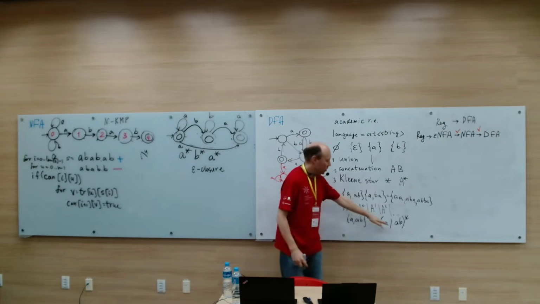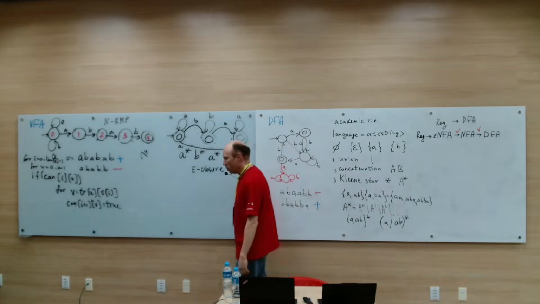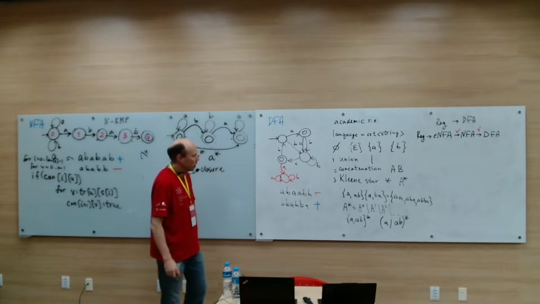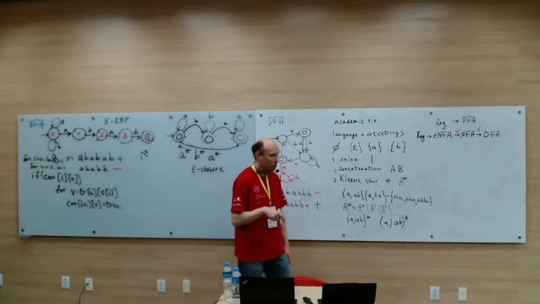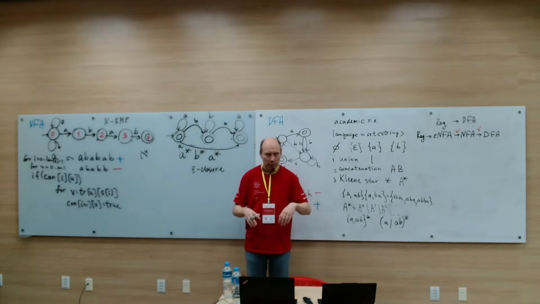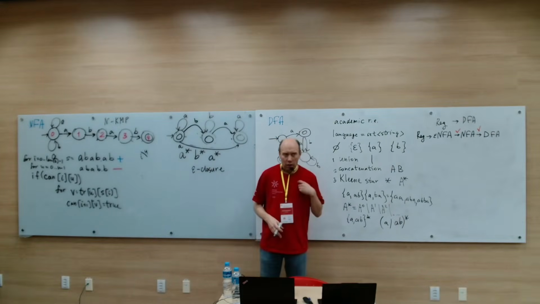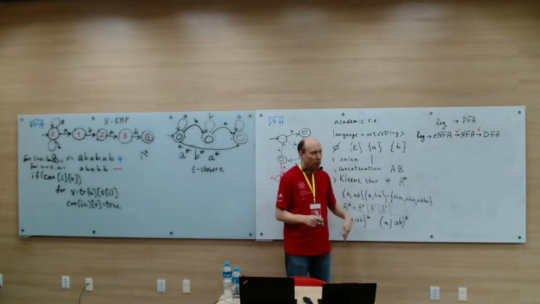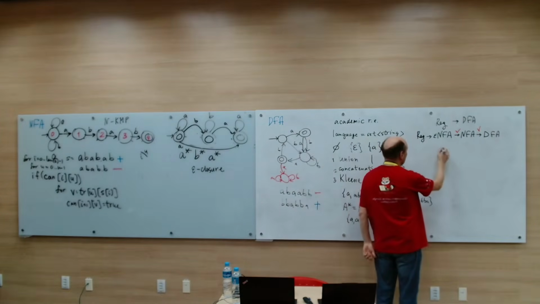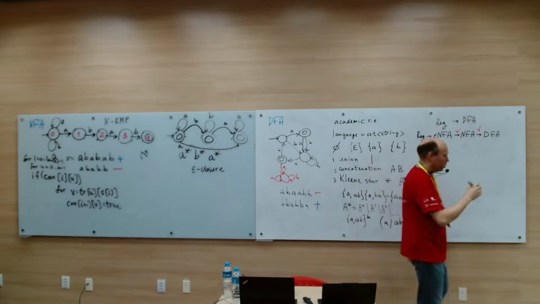So here we have some regular expression. We can create the epsilon-NFA for that using the following recursive algorithm. If you have a basic language, there are simple automata that correspond to this basic language.